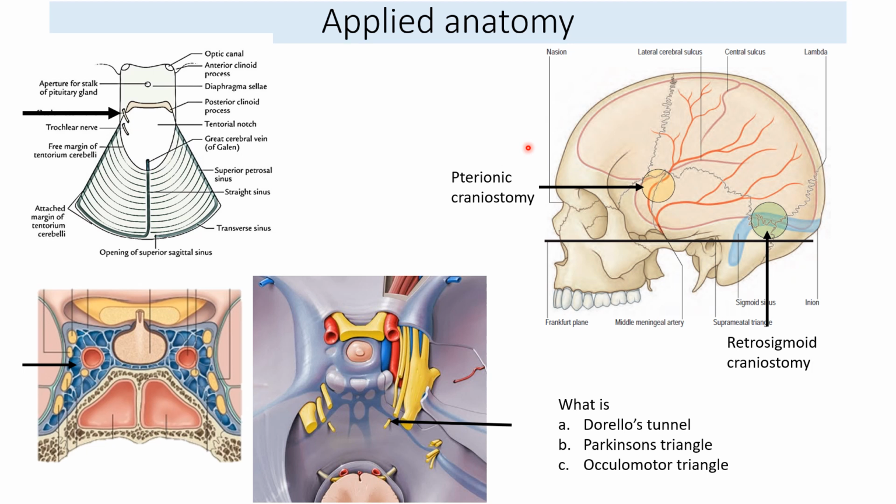Then we talked about the cavernous sinus thrombosis, which is an important clinical condition related with the cavernous sinus. Also, the rupture of arterial aneurysm in the cavernous sinus and the symptoms which are produced because of that. So all these are the important areas, the clinical aspects one should know related to the topic.